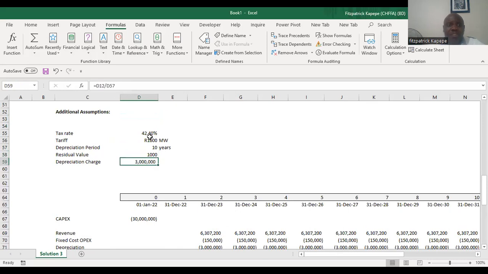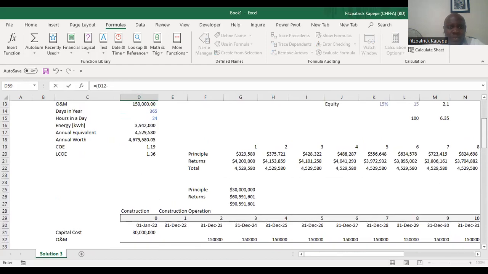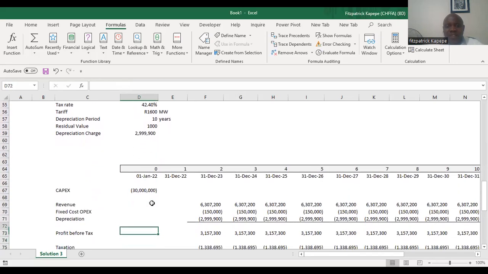Instead of having this 3 million, it will be the capital investment of 30 million minus the residual value of 1,000, divided by 10. So this is what you will be having under depreciation.